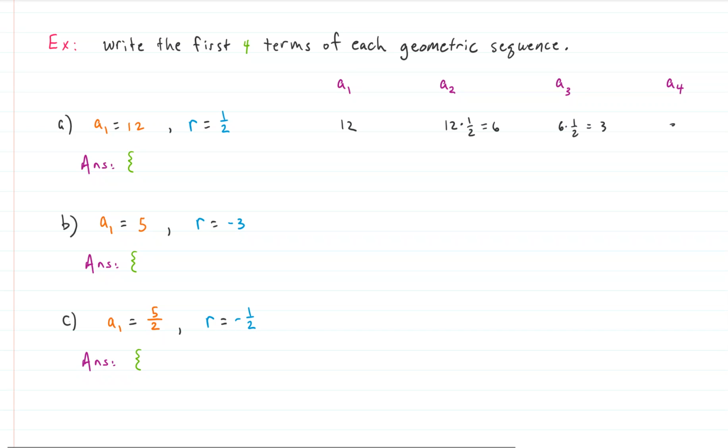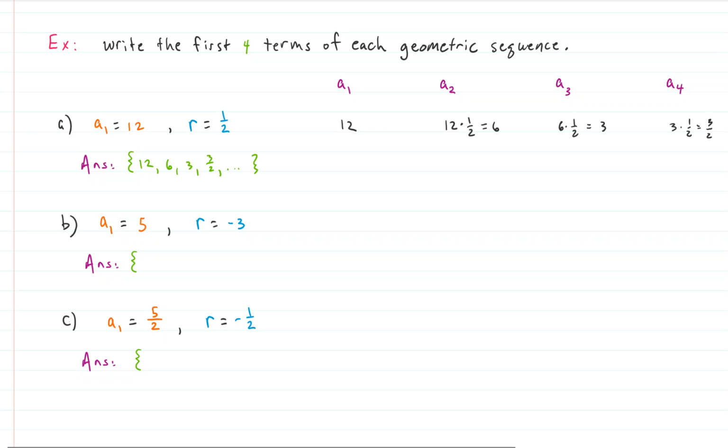And the fourth term, 3 multiplied by 1/2, is 3/2. So our answers then, the first 4 terms of the sequence would be 12, 6, 3, 3/2, and it keeps going, but we're only writing down the first 4.